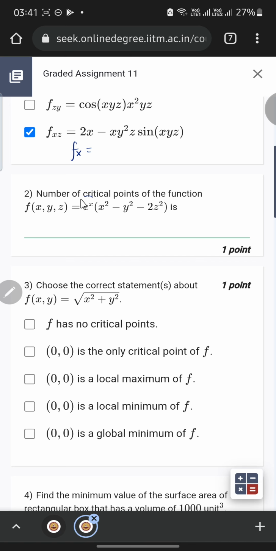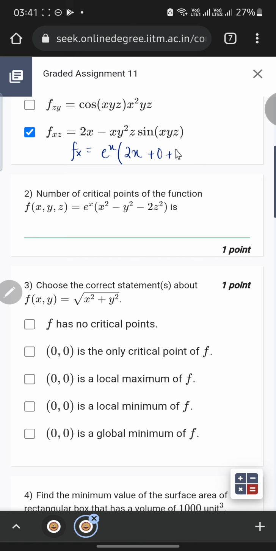we can say this is being multiplied by this whole three variable function. So e raised to power x into 2x, and the whole term would be 0.